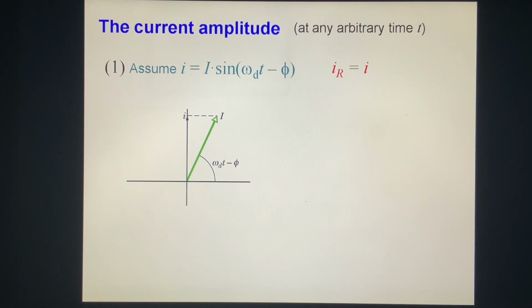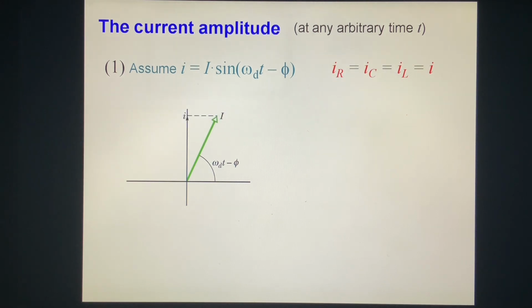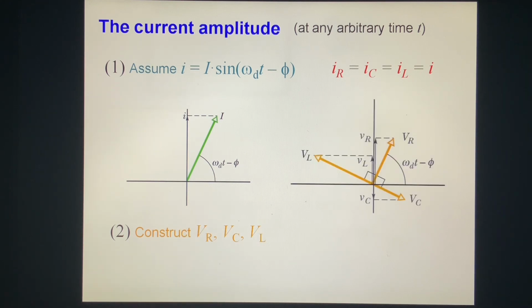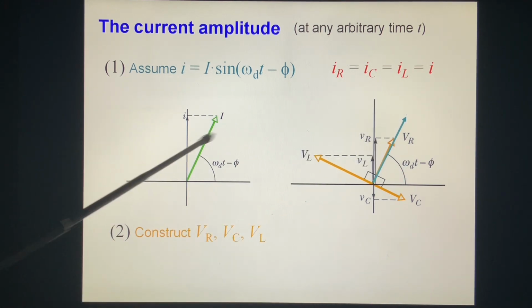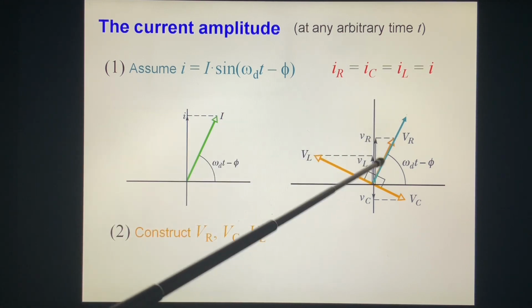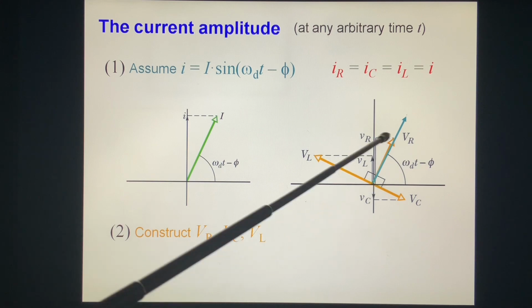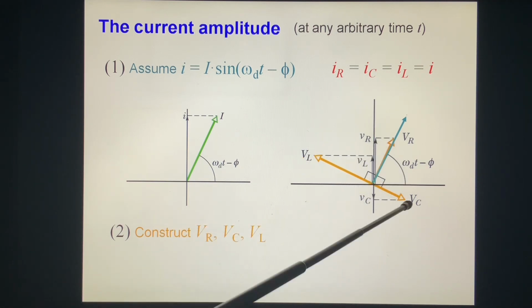Now we start. We use the equation IR equals IC equals IL. Then we construct VR, VC, VL. This is the direction of I. VR is in phase. For VC, IC is 90 degrees ahead of VC, so this is VC.